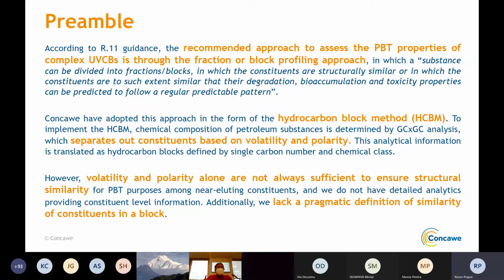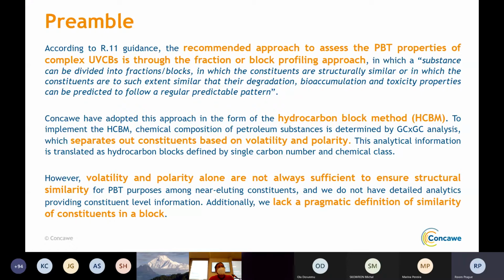And so the substances that can be divided into fractions or blocks in which constituents are structurally similar, so this is recalling the discussion that we had earlier, or in which the constituents are to such an extent similar that their degradation, bioaccumulation, and toxicity properties can be predicted to follow a regular, predictable pattern.